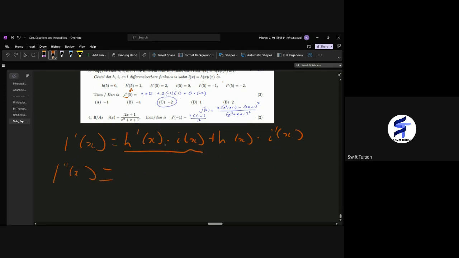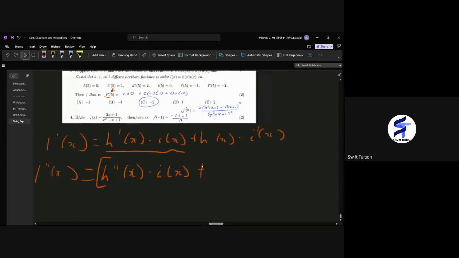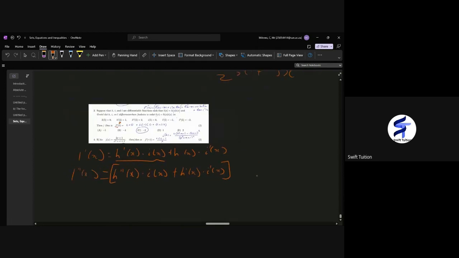I'm going to differentiate the first function, leave the second one unchanged, and then plus, I would leave the first function unchanged and differentiate the second function. This is the derivative of this region over here, because the product rule needs to give you two terms.